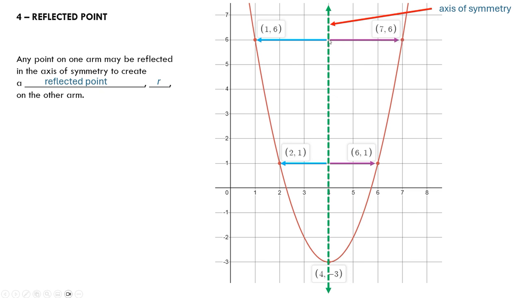Because this is the axis of symmetry, there is going to be an equal and opposite point 3 units to the left of the axis of symmetry. And this could be said for any point on this parabola. Here, this particular point is 2 units to the left on this arm of the parabola. There is an equal and opposite point reflected in the axis of symmetry that is 2 units to the right.